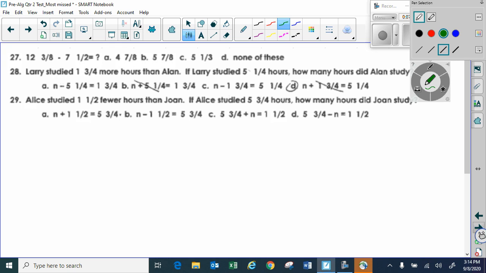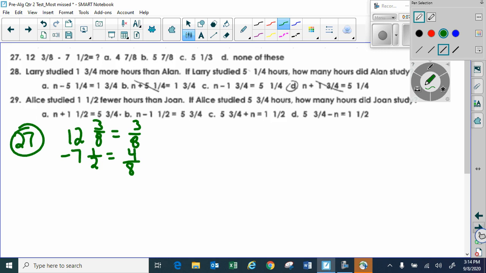Okay, 27. 12 and 3/8 minus 7 1/2. Okay, so common denominator is 8, so that makes that 4. 12 minus 7 is 5. 3 minus 4 is -1, over 8.